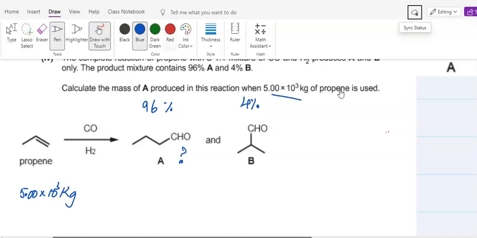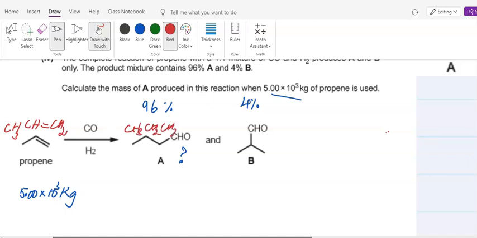For calculating this, you need to know the molar mass of propene. For this, write the structural formula CH3, CH double bond CH2. And here you have CH3, CH2, CH2, CHO.